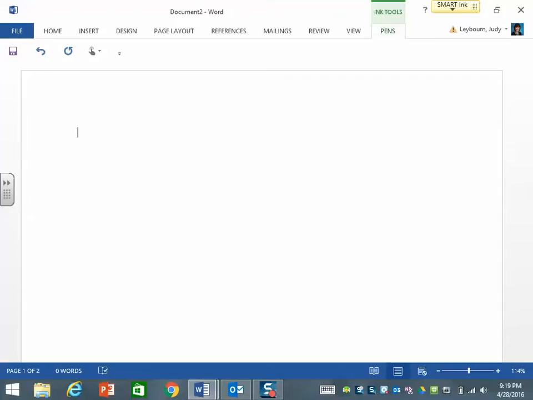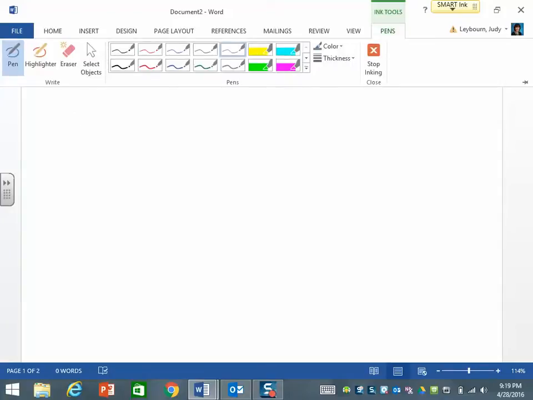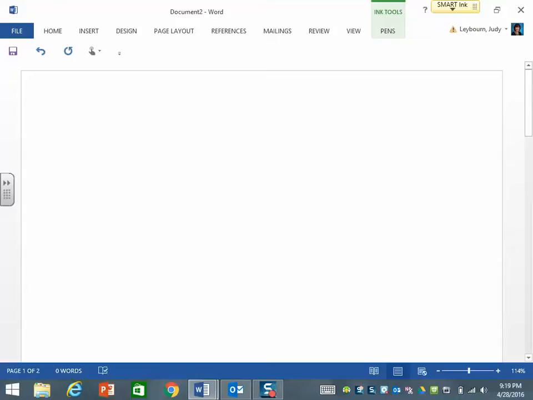If I have 6 and 2, and I put them in parentheses like this, that's the binomial coefficient notation.